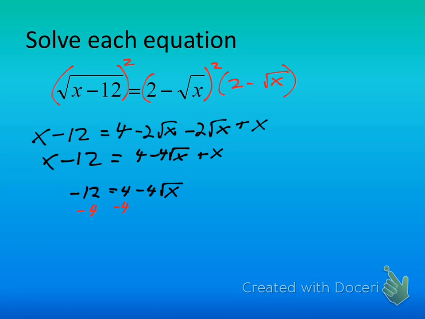So negative 12 minus 4 gives you negative 16, which equals negative 4 square root of x. Your next step is to divide by negative 4, because it's multiply right there, right? So it gives you 4 equals the square root of x, and then you square it. You have the radical isolated, so now you square it. So you get x equals 16.